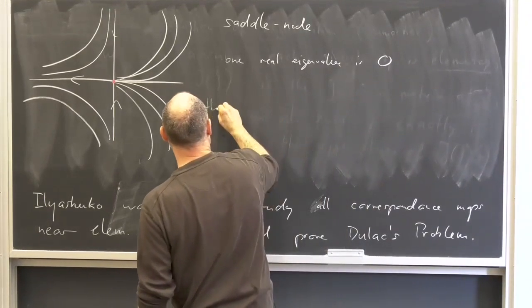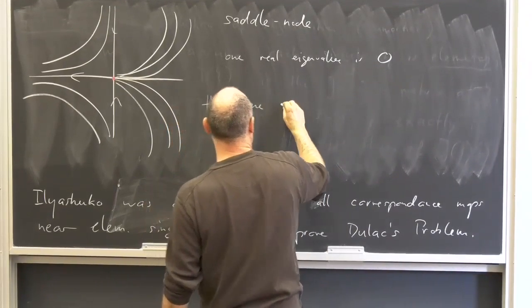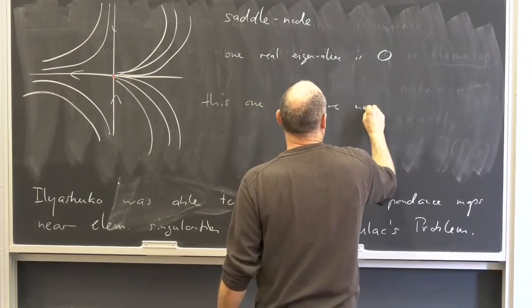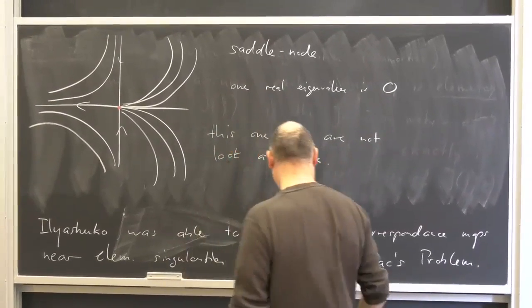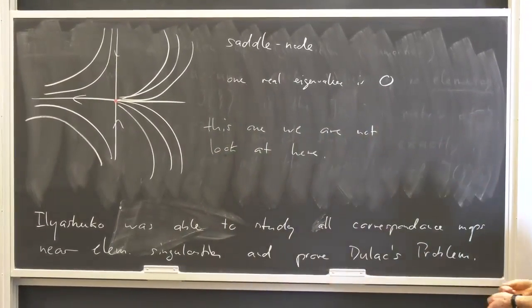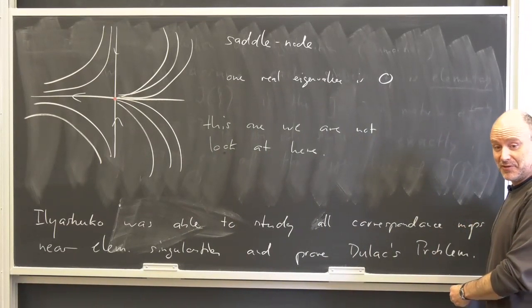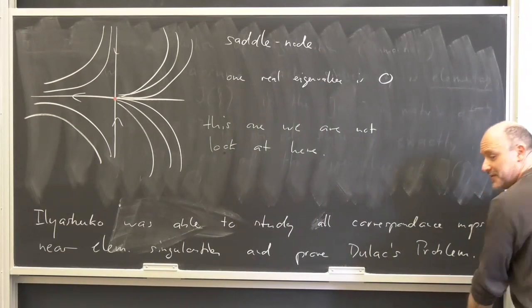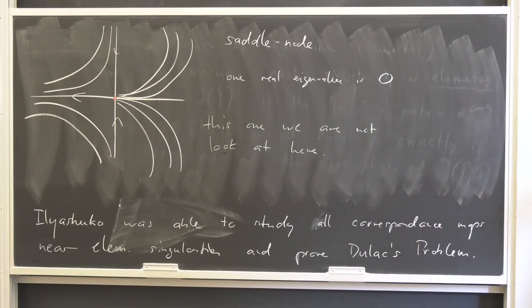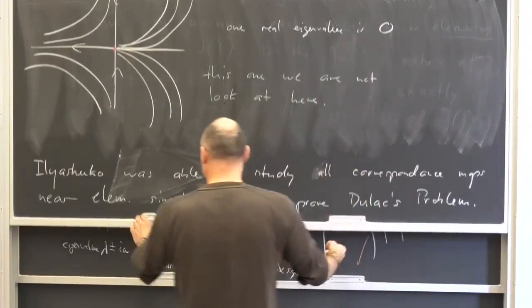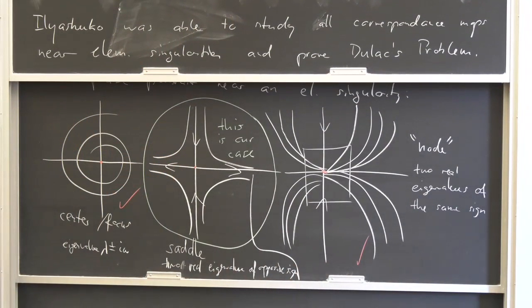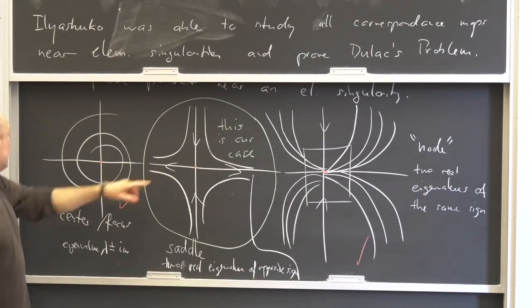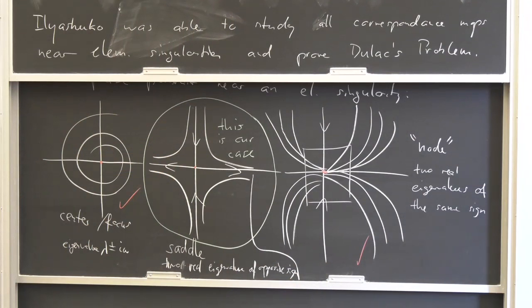This one we will not look at, but I will be very happy to look at it afterwards, like I said. When you say you understand the saddle case, does this mean you understand it from the point of view of o-minimality? No, I'm just understanding the nature of these maps at the saddle hyperbolic sector.